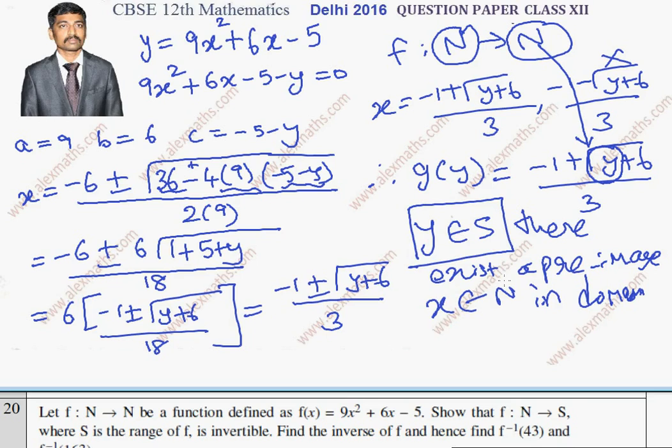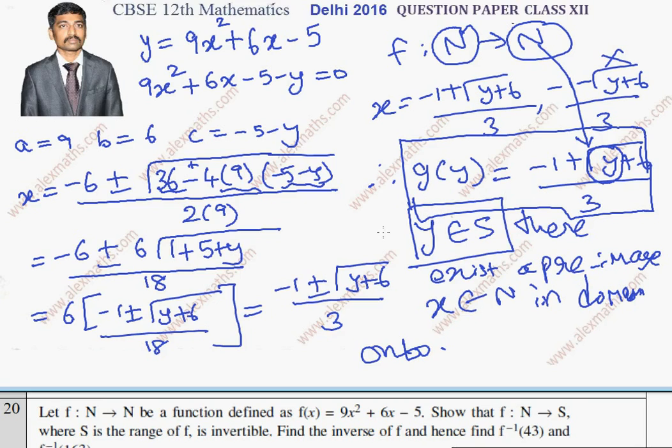So for that pre-image exists. Therefore it is on to. Since the function is 1 to 1 and on to, inverse exists, and the inverse is g of y. This is one procedure for proving the inverse exists, and finding the inverse. We can say it is 1 to 1 and on to, therefore inverse exists.